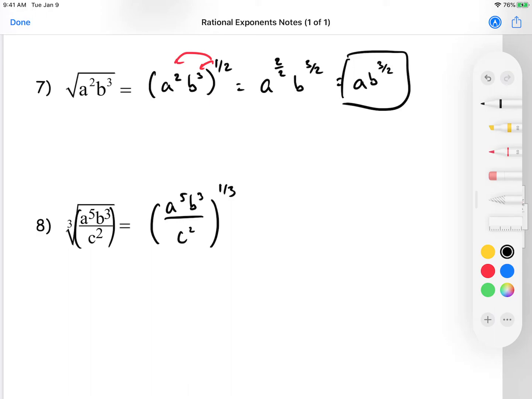Again, remembering your exponent rules, that's a to the 5th, b to the 3rd, to the 1/3 power over c squared to the 1/3 power. Now from here I can multiply my exponents because we're taking exponents to exponents. So this becomes a to the 5/3 times b to the 3/3 over c to the 2/3.